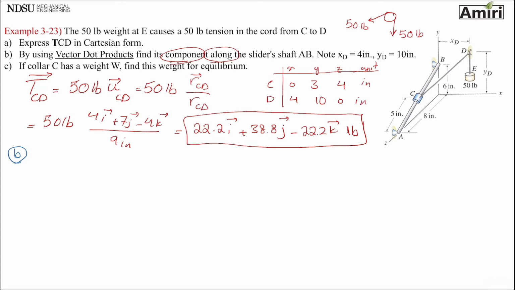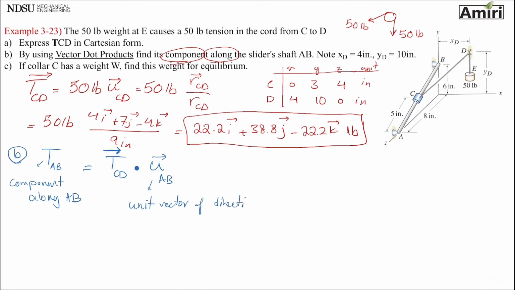All I have to do to find the component along AB is take the dot product of two vectors: the force that I just found, dot the unit vector of the direction that we want the component on. Vector dot vector equals a scalar. So I have to find the unit vector of AB.